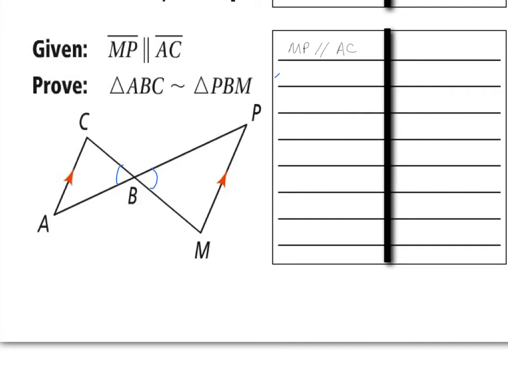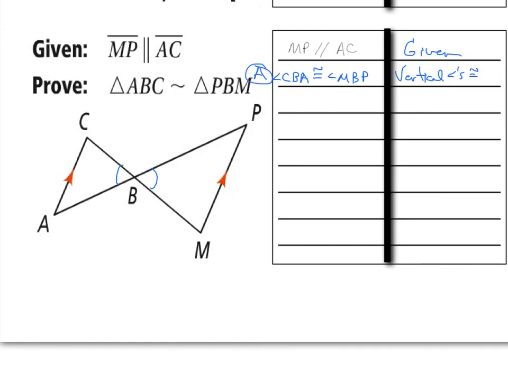I've got angle CBA is congruent to angle MBP, and that's because vertical angles are congruent. Okay, so there's one angle in my match. And then the given also says that MP is parallel to AC.